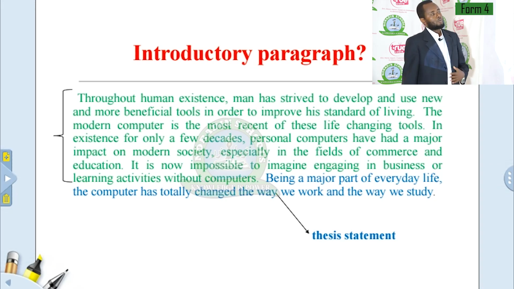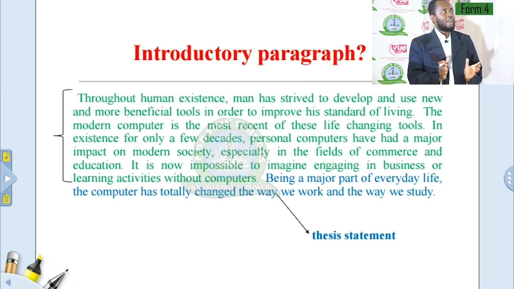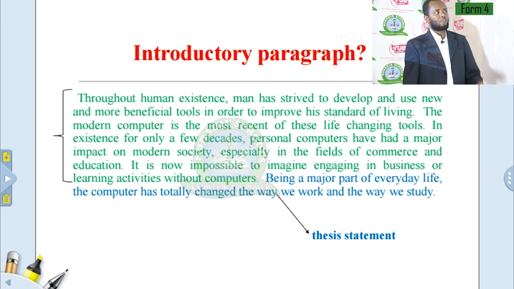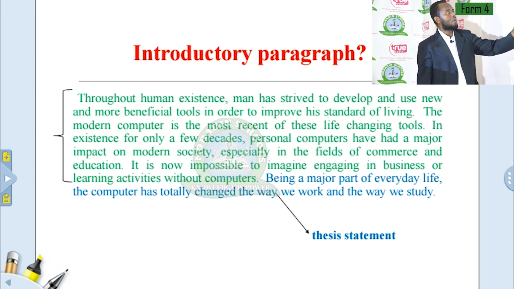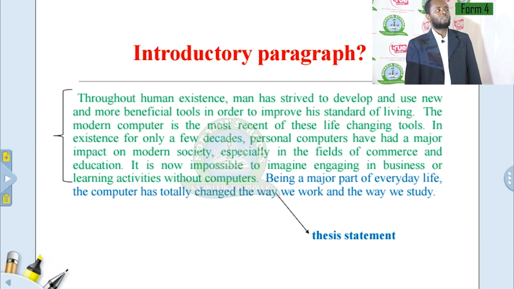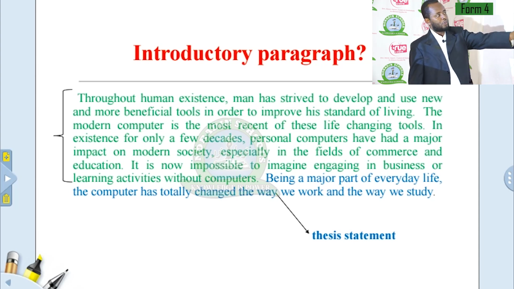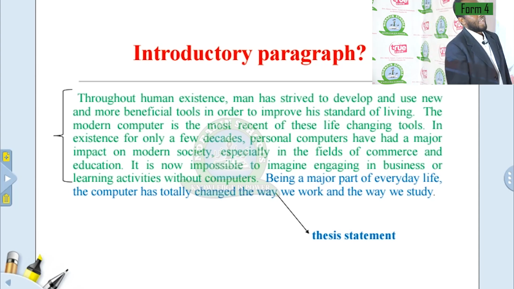So this introductory paragraph: Throughout human existence, man has strived to develop and use new and more beneficial tools in order to improve his standard of living. The modern computer is the most recent of these life-changing tools, in existence for only a few decades.